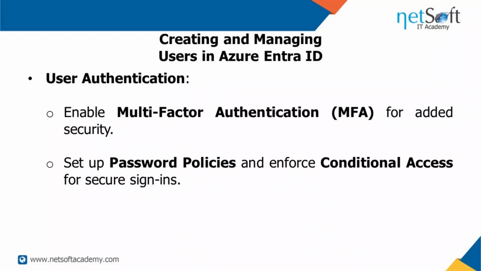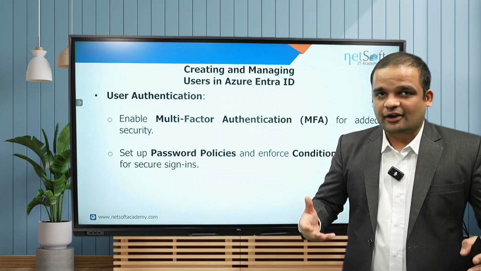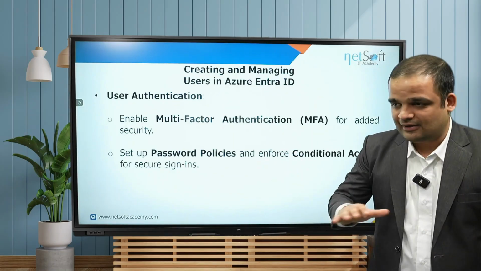Let's move to the next concept, that is user authentication. Well, for robust authentication, you can enable MFA, that is multi-factor authentication. By the way, Azure wants every organization to actually use MFA, like by default.